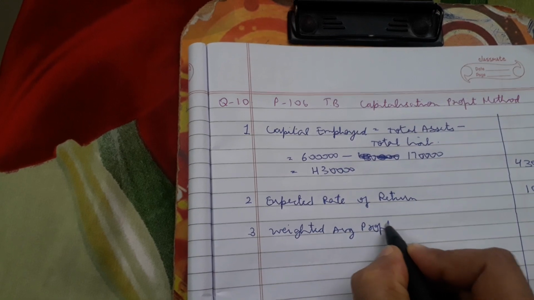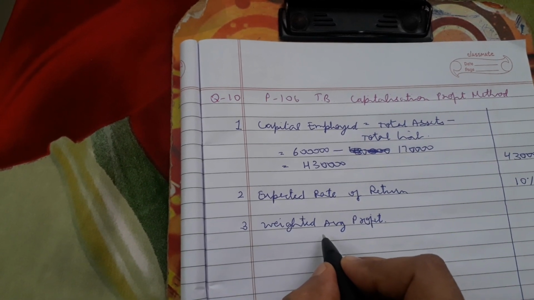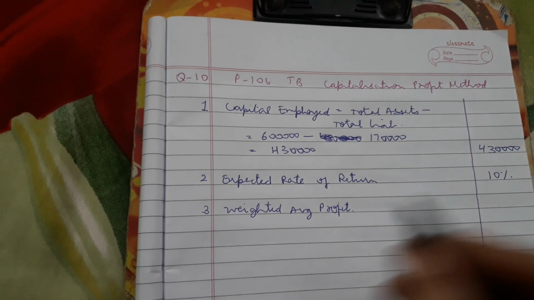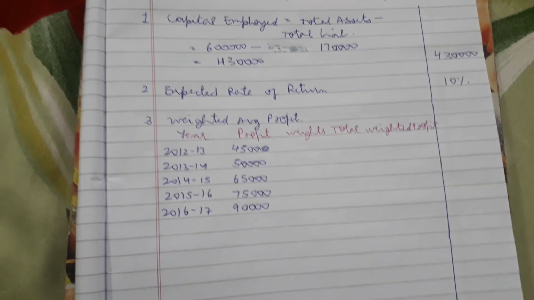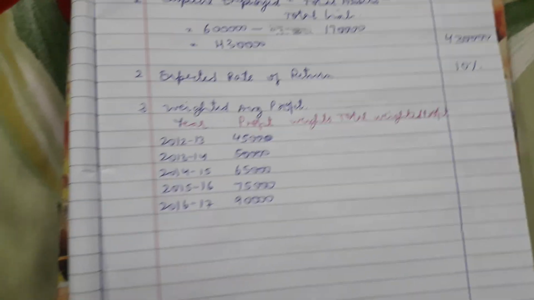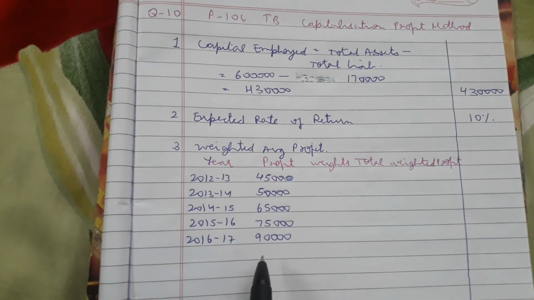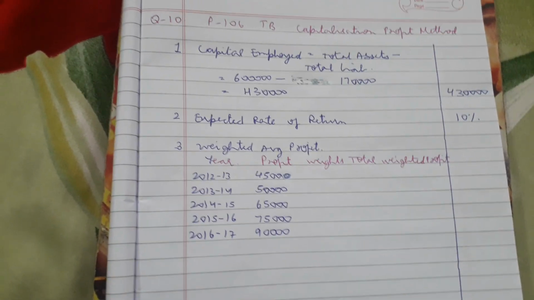Since the profit is showing a continuous increasing trend, instead of finding simple average profit, we will find out the weighted average profit. Here you can see the profit of different years is showing a continuous increasing trend: 45,000, 50,000, 65,000, 75,000 and 90,000. So we'll apply the weighted average profit method.